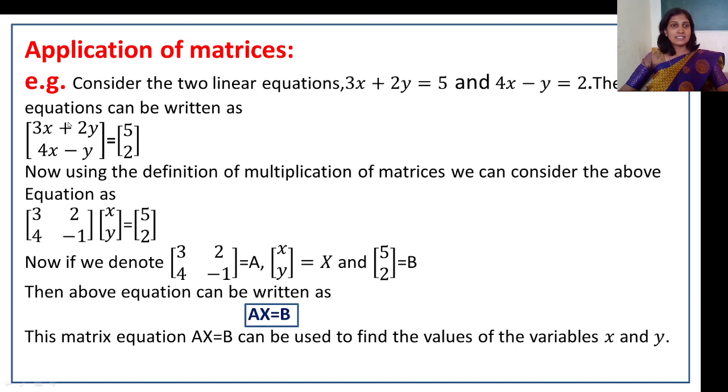We will get 3x plus 2y as the first entry and 4x minus y as the second, which is equal to 5 and 2.